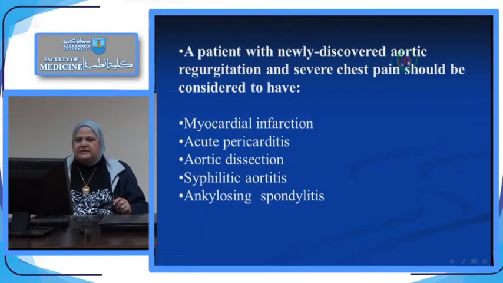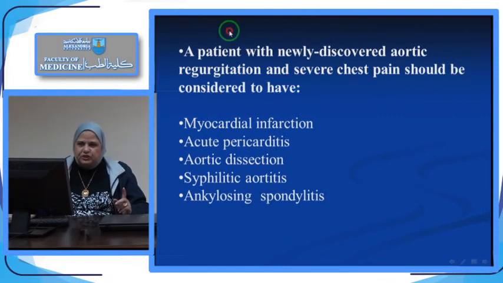A patient with newly discovered aortic regurgitation and severe chest pain should be considered, especially an elderly person above 65. This patient may have MI, pericarditis, dissection, syphilitic or ankylosing disease.